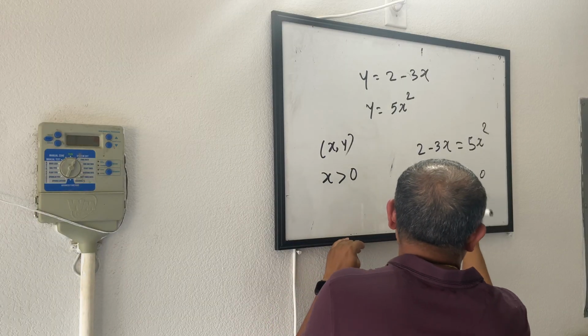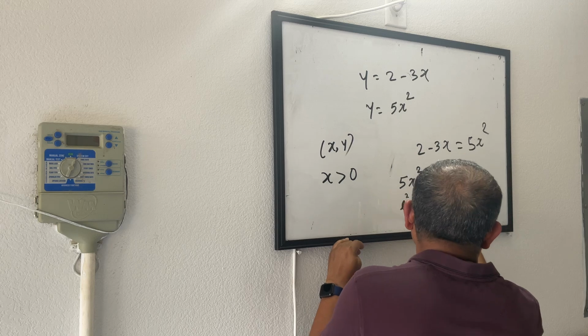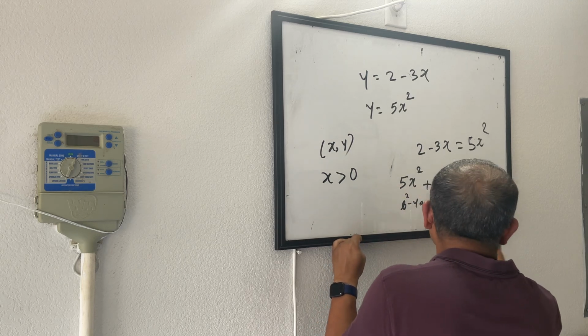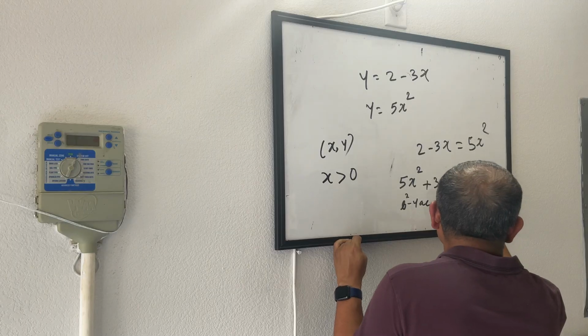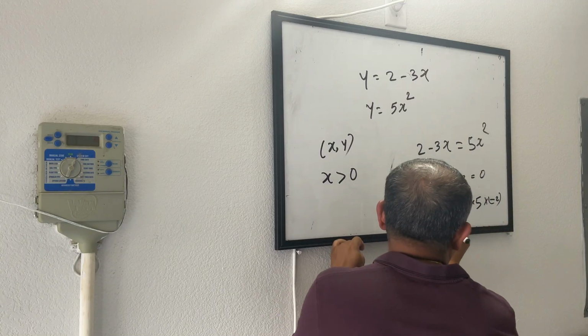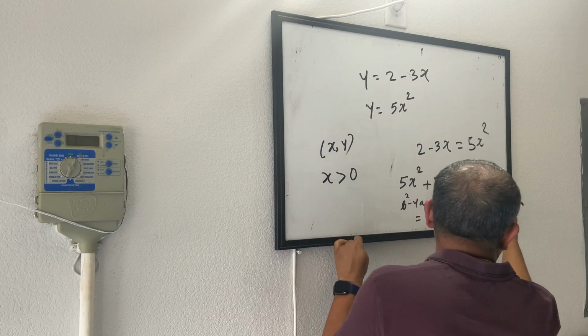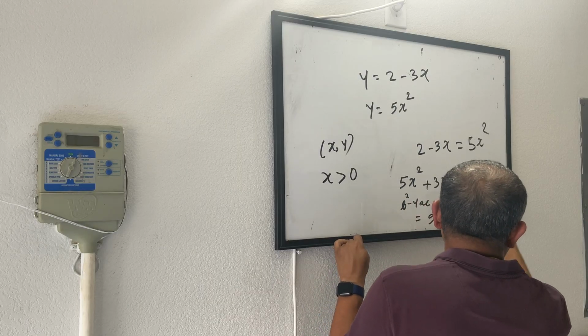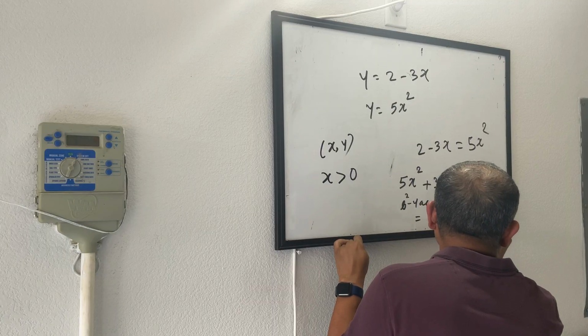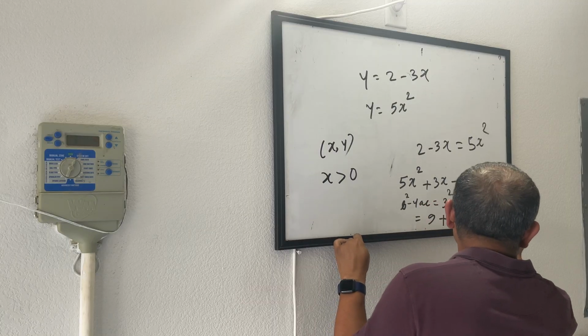What is my b? 3 squared minus 4ac. What is my a? a is 5, c is minus 2. So this became 3 squared, that is 9, minus into minus plus, 4 times 5 is 20, times 2 is 40. This became 49, which is nothing but 7 squared.